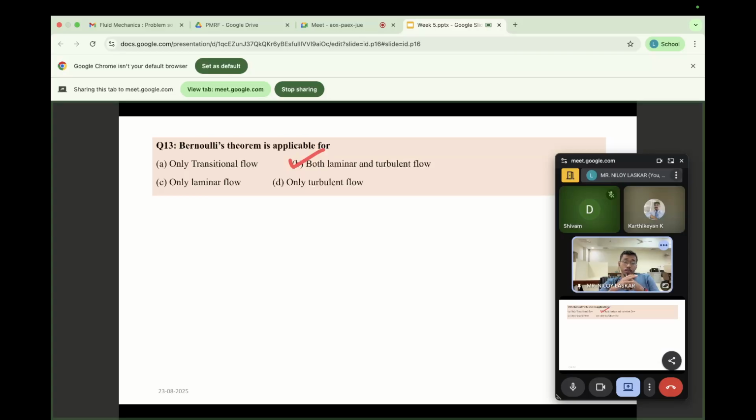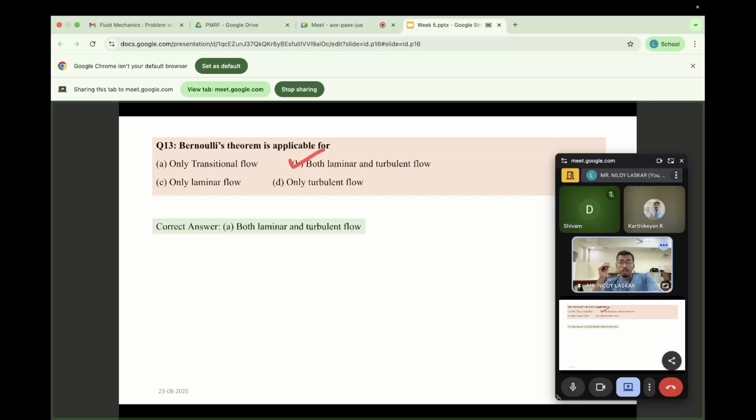The main conditions are that it needs to be steady, inviscid, incompressible, and irrotational. So it can be laminar or turbulent. It doesn't matter. It will not affect Bernoulli's theorem as long as all other assumptions remain constant.